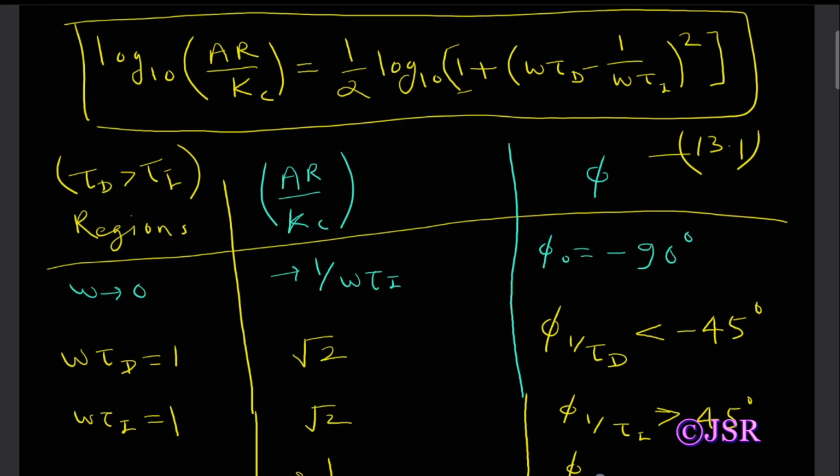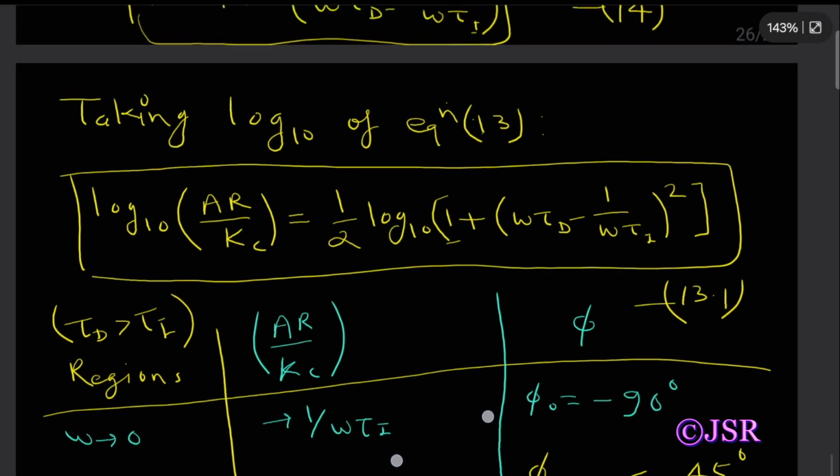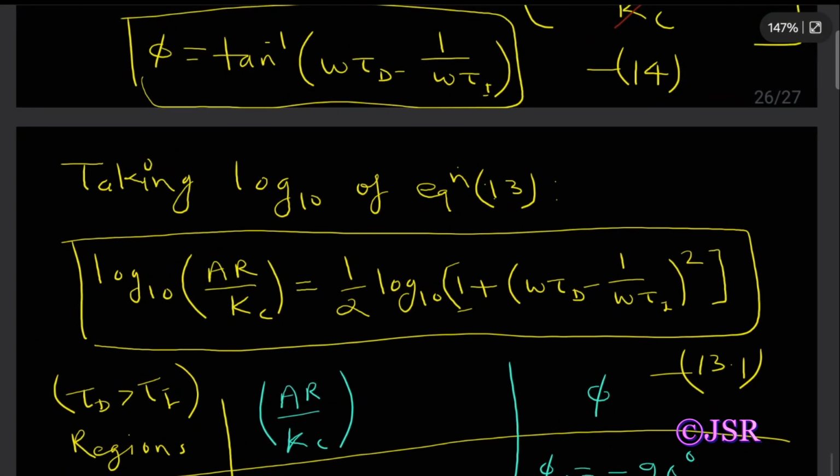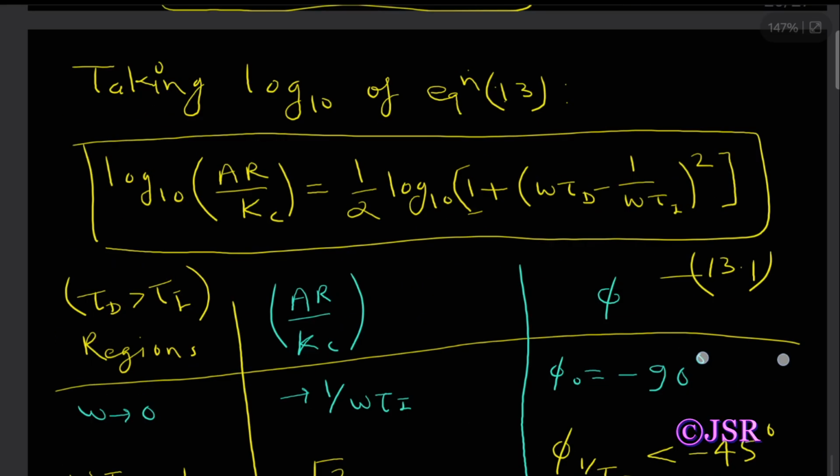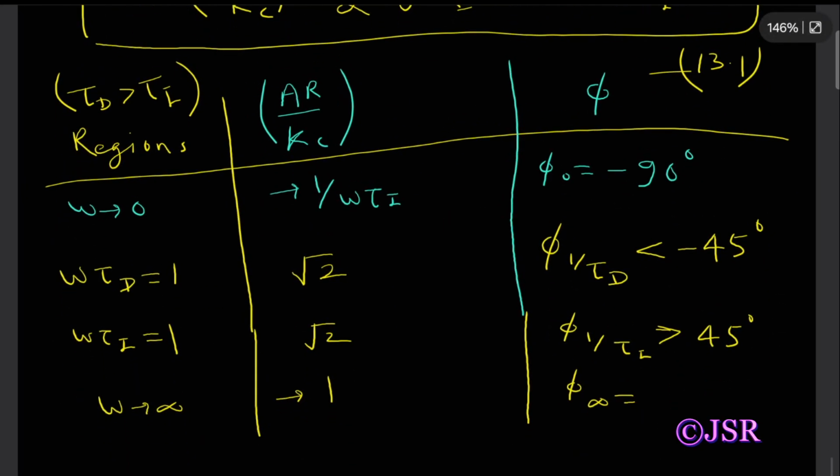And phi infinity is 0 minus infinity, that is plus 90 degree.